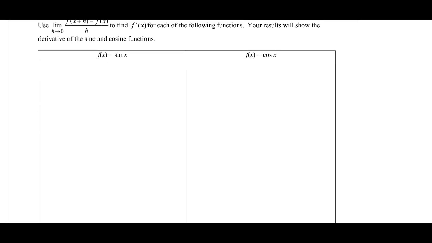And we will start with sine. So I start with my limit as h approaches 0 of my function is sine, so sine x plus h minus sine x all over h.